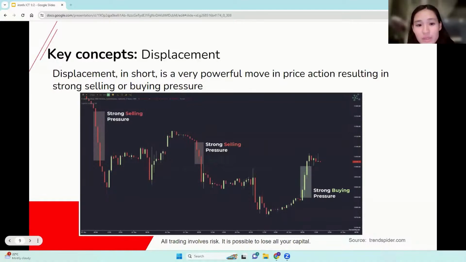Basically, what it means when we say a displacement occurs after a liquidity level has been breached is, if you look at this area here, this is a multiple swing low support level. You can see price has recently broken out of that level, if you can imagine this horizontal line just over here.